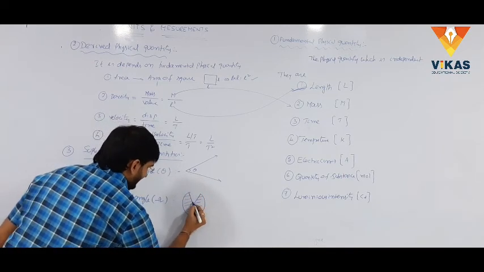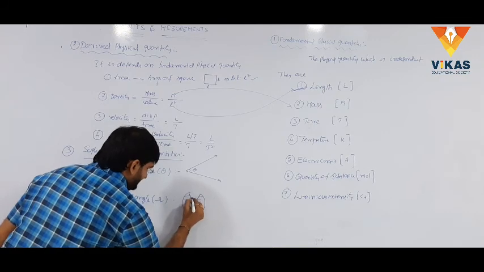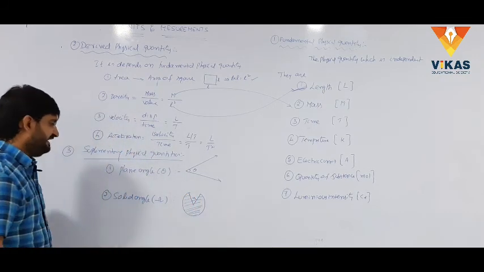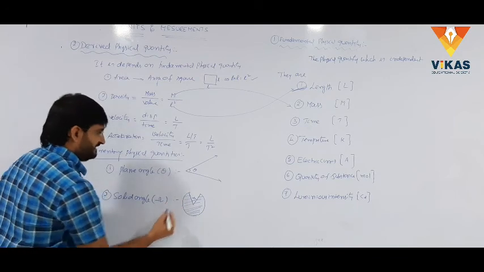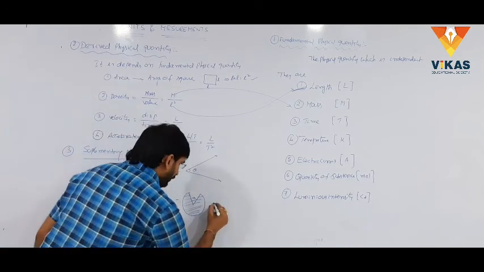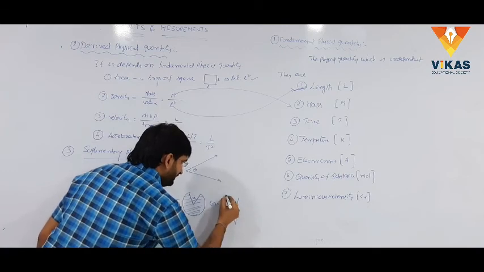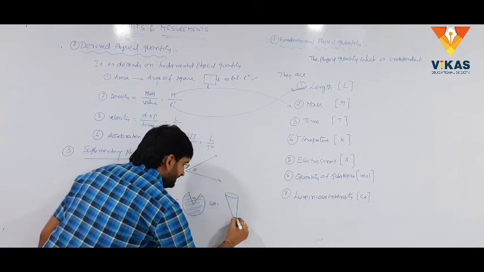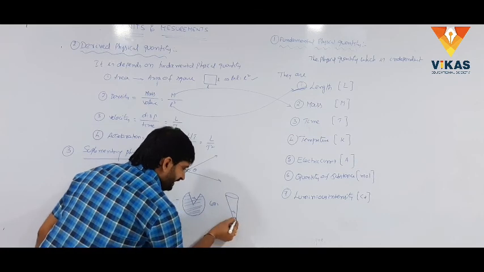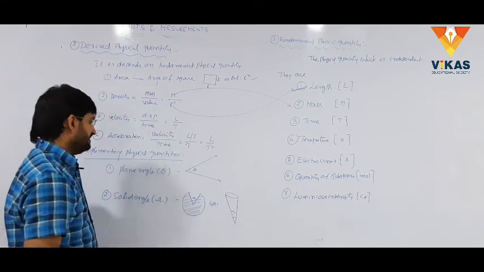Therefore, the angle measured between them is omega, that is a three-dimensional angle. Therefore, the solid angle is a three-dimensional angle. One more, the ice cream cone. This is the three-dimensional image. The angle measured at the vertex is the solid angle.